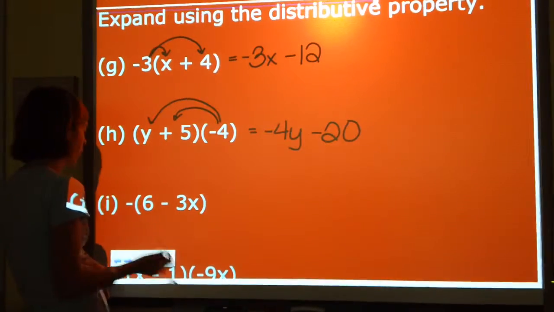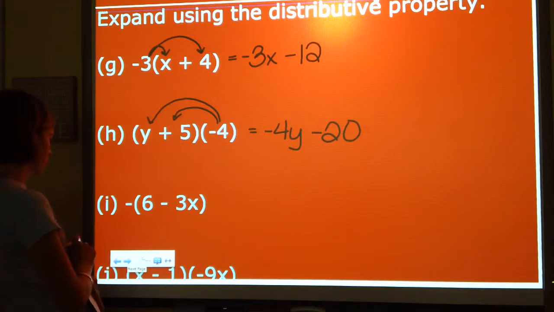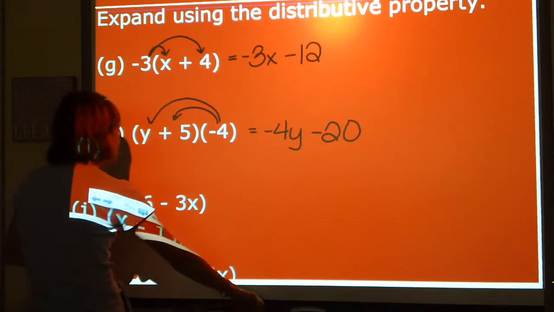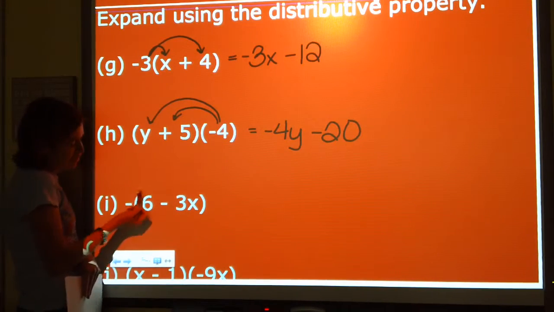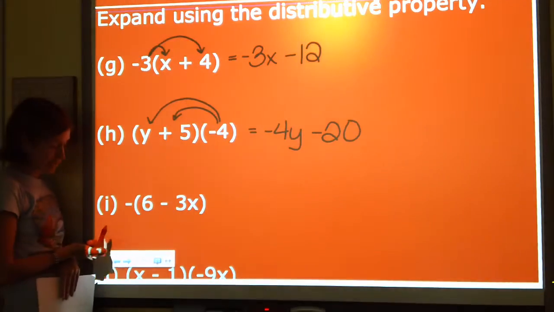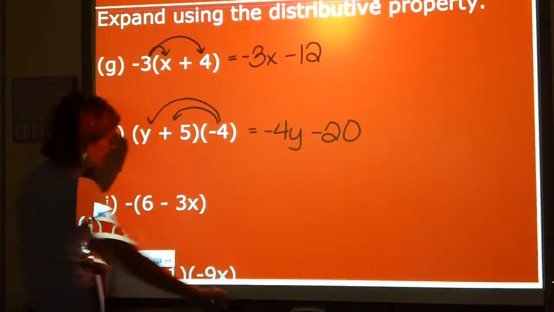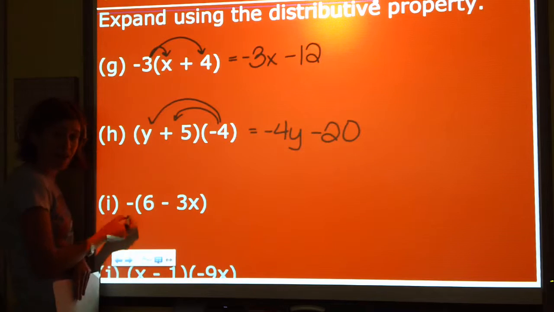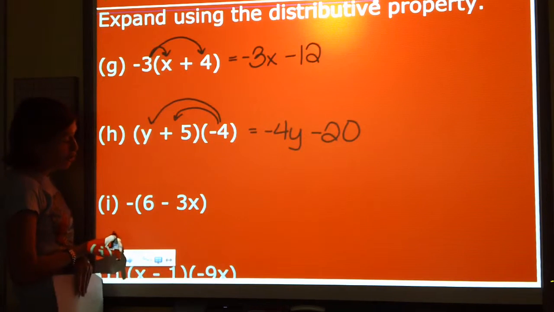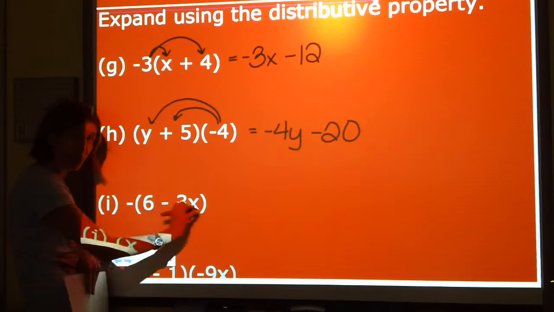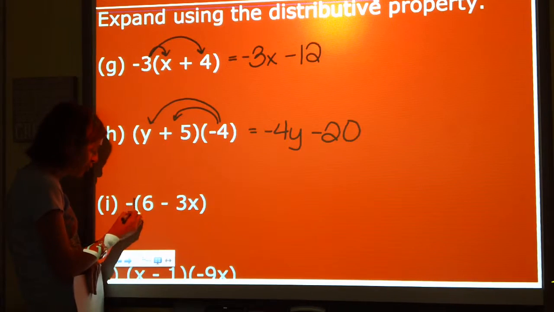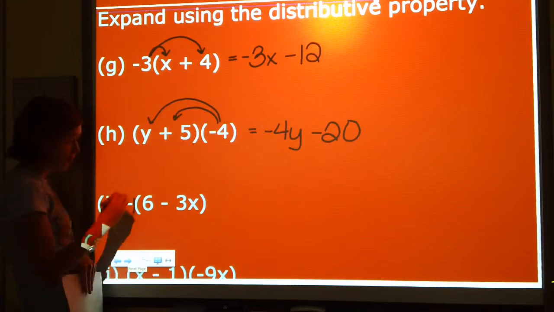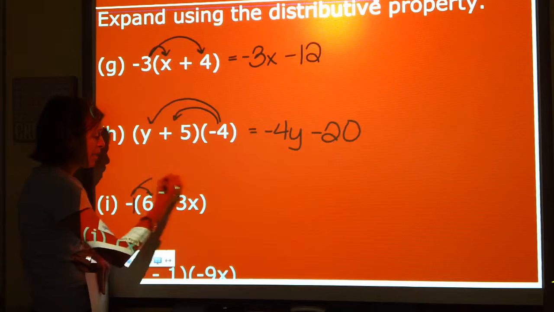All right, one more. Looking at this one, we have to be really careful, because there's this negative on the outside of the parentheses. And what's really happening here, guys, is really there's a negative 1. But we don't write that. So we say we have to distribute the negative through. If you want to go ahead and put a 1 there just so you see what happens, that may be helpful.